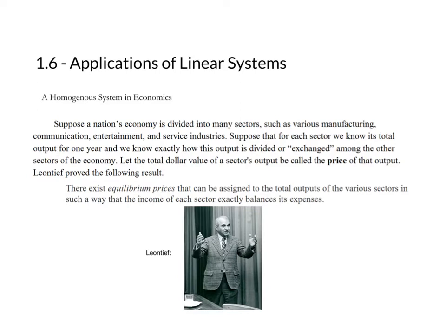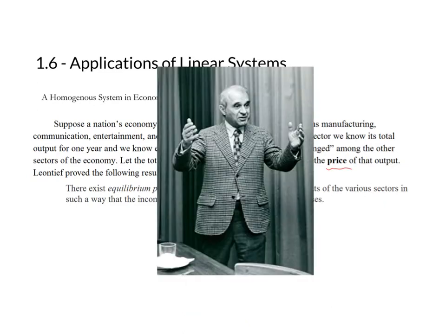All right. So we are going to start with that economics application, and we have our nation divided into many different sectors, and we're going to use the word price here in this first example that we'll see shortly. But what that price represents is the total dollar value of the sector's output.